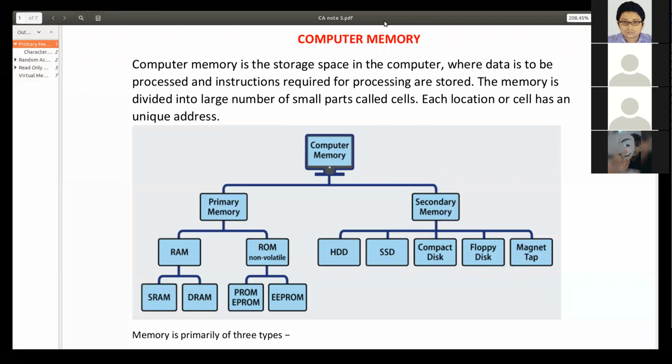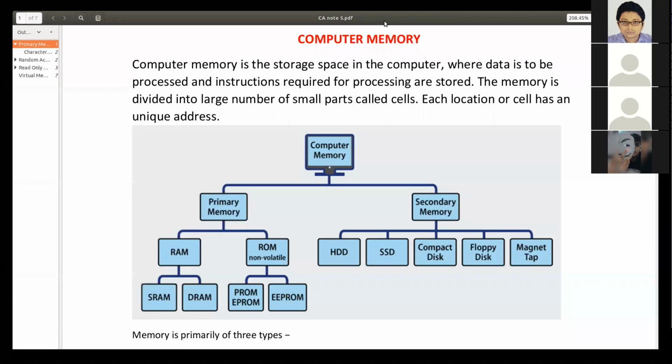In case of ROM, you can divide ROM again into several types. A few types are mentioned here, like PROM. The full form of PROM is Programmable Read-Only Memory. And EPROM, that is Erasable Programmable Read-Only Memory.